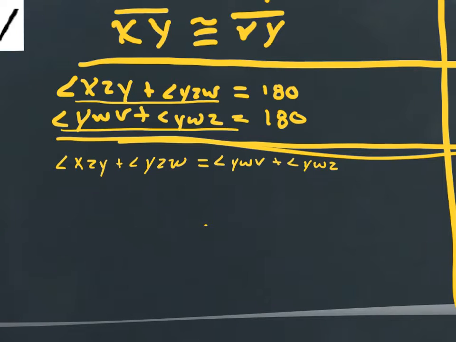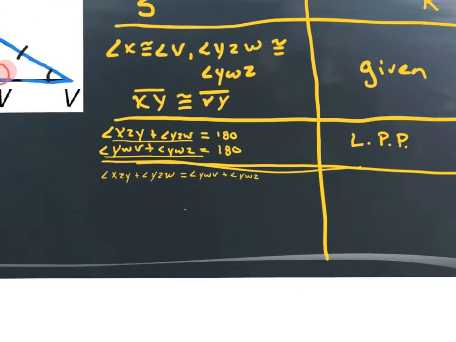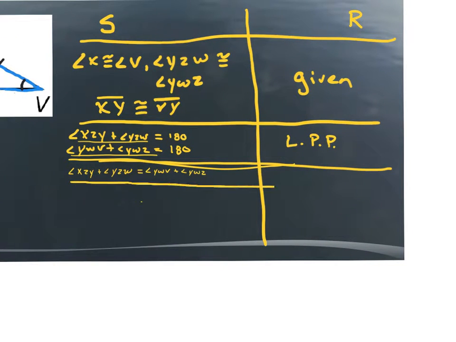And why would that be true? It is true. Why? Because both of them are linear pairs and they equal 180. So if they both equal 180, one should be equal to the other one. Good. Do we have a term for that? It's the transitive property, or the other name we could use, substitution. So I'm just going to write substitution or transitive property, whichever one you were leaning to there.